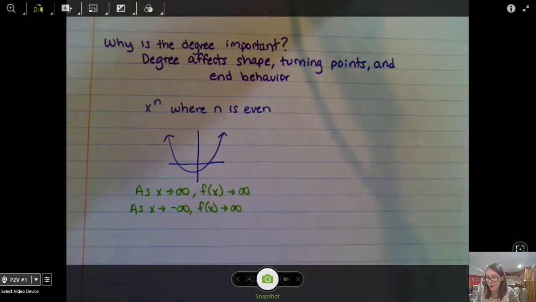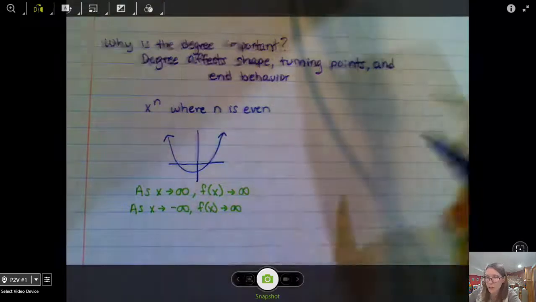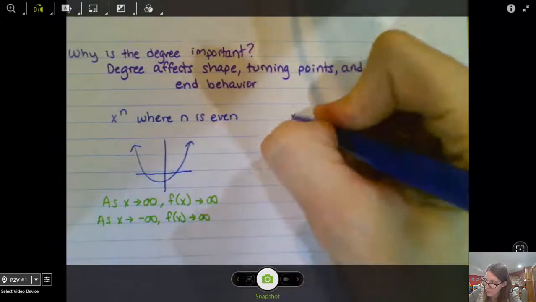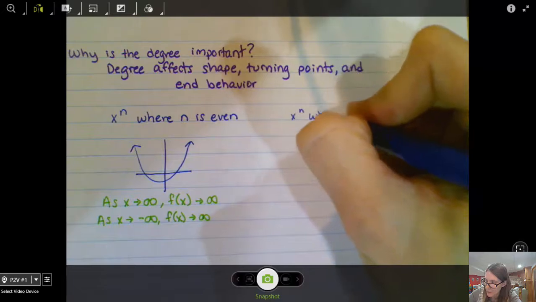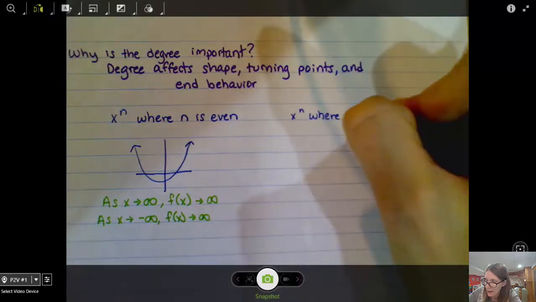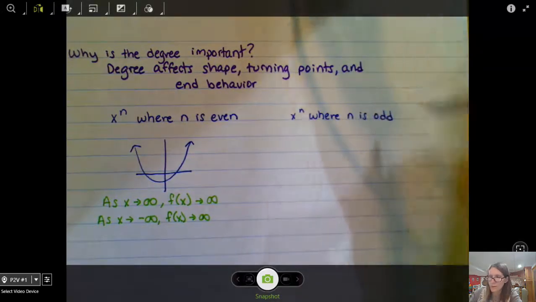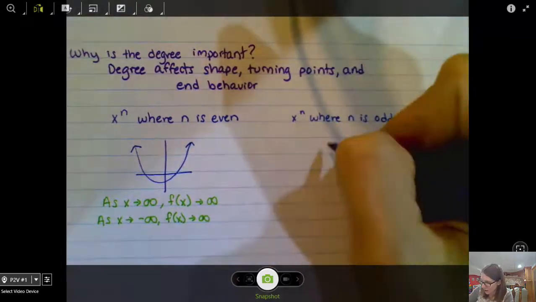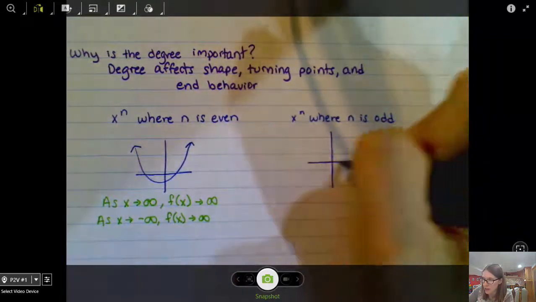Now, if we have an odd degree, so x to the n power, where n is odd, your ends go opposite directions.